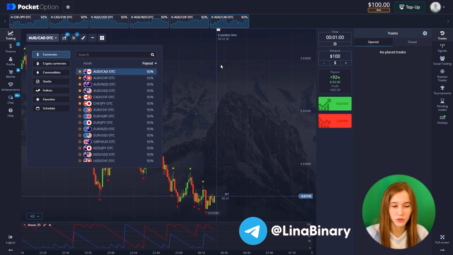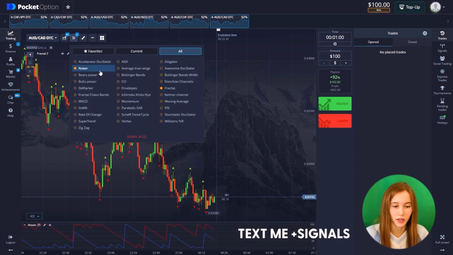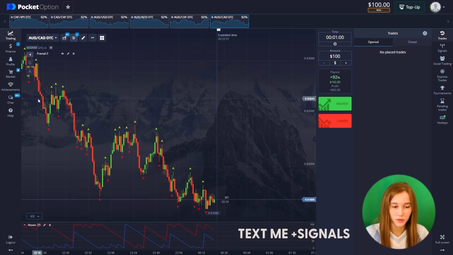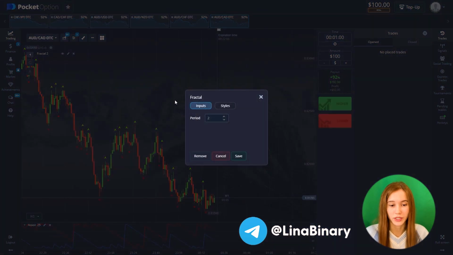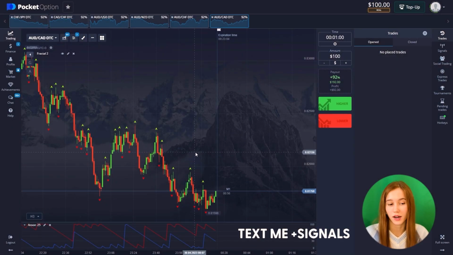Next, today we will use 2 indicators. The first is the fractal. You see arrows, red and green. In order to identify a fractal, you need to analyze 5 consecutive candles, where the third is the highest or the lowest.